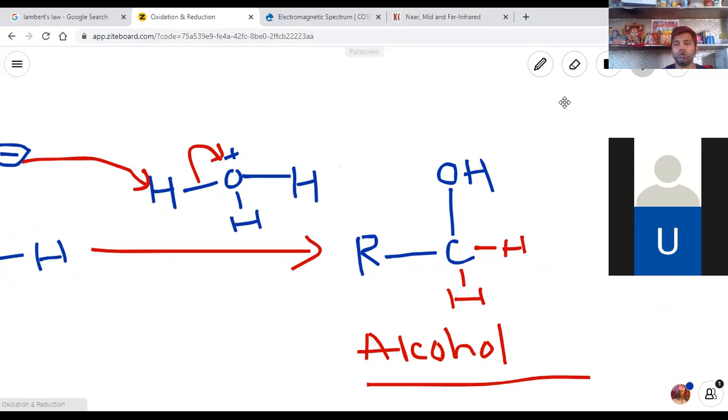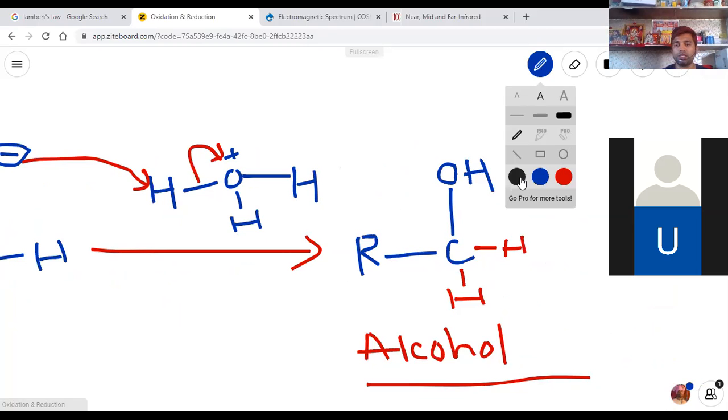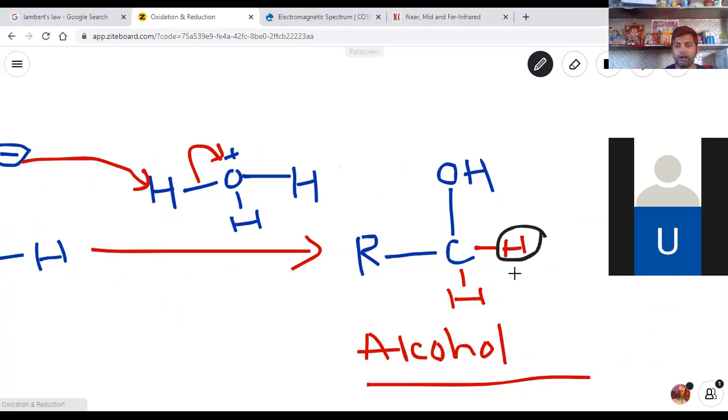We can see that two hydrogens are added in the case of acid chloride molecules.